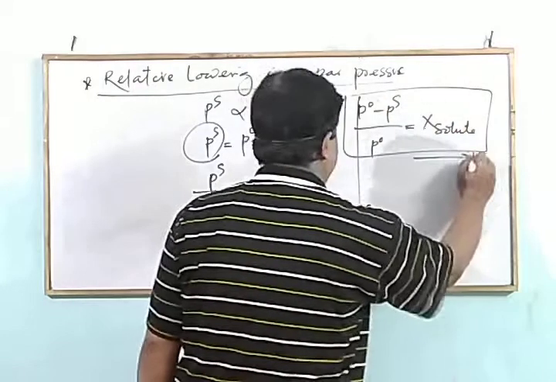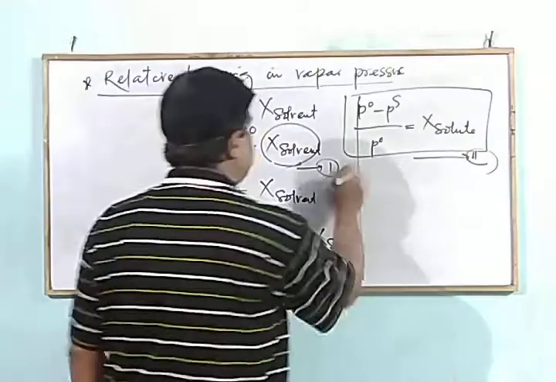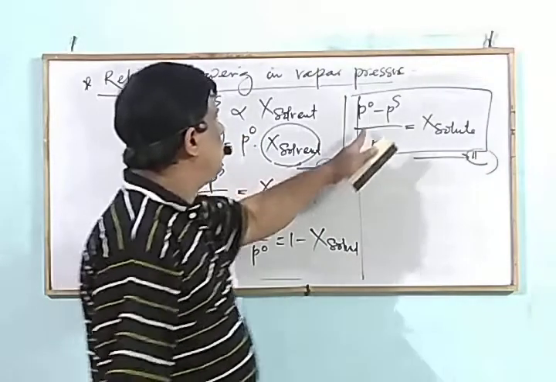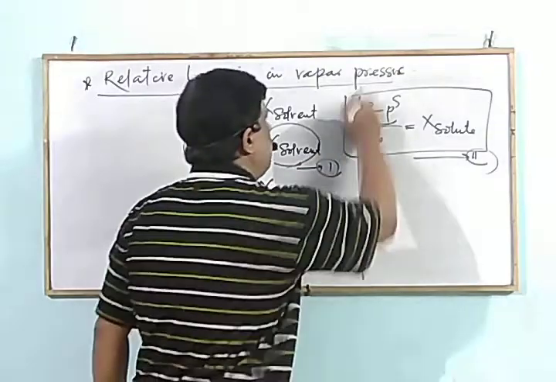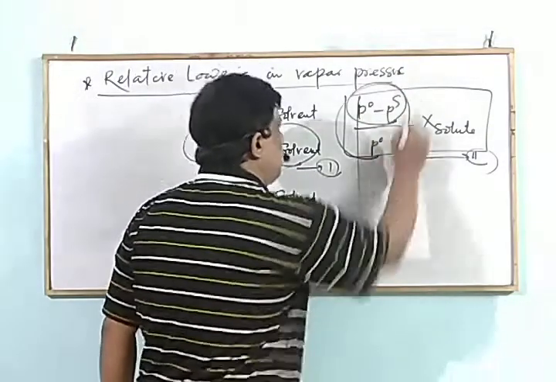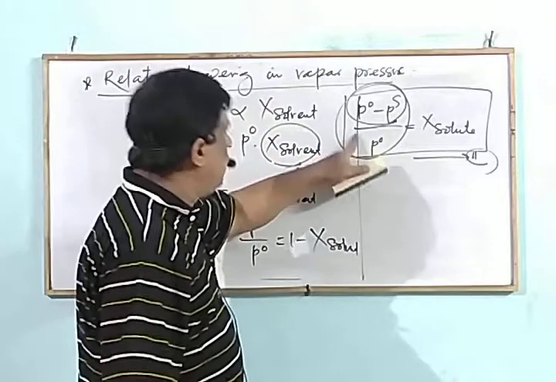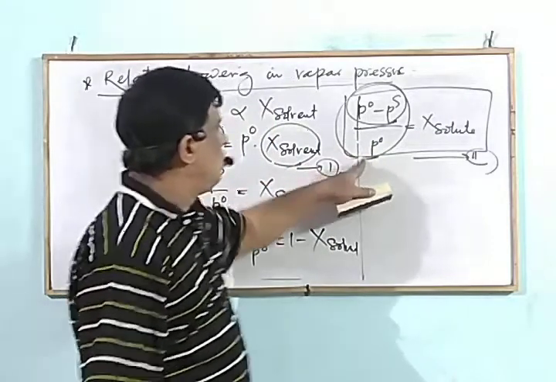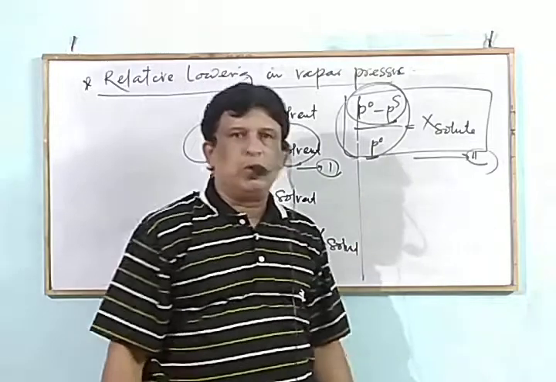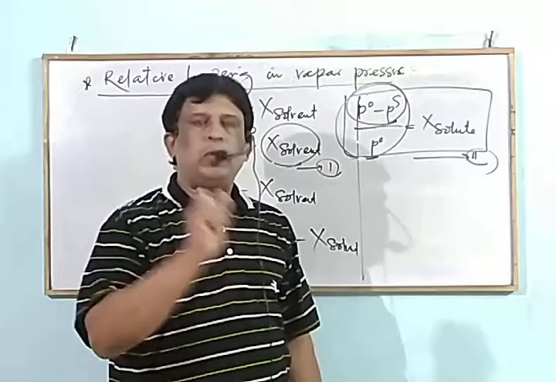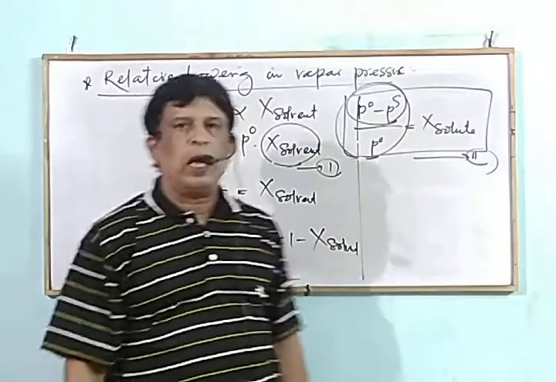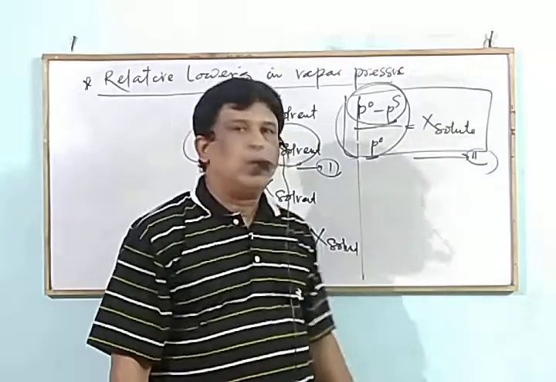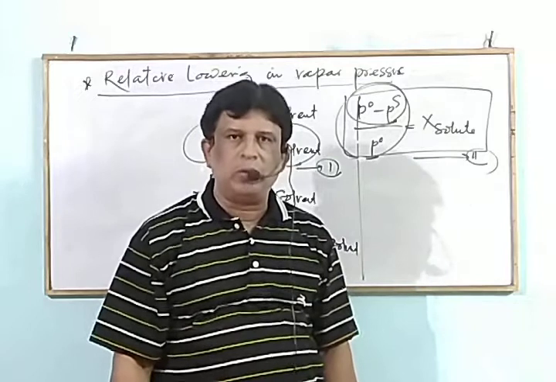So from this expression it is clear that P naught minus Ps is known as lowering vapor pressure, and the total term is known as relative lowering vapor pressure. So from this equation 2 it is clear that the relative lowering in vapor pressure of a solution containing non-volatile solute is equal to the mole fraction of solute.